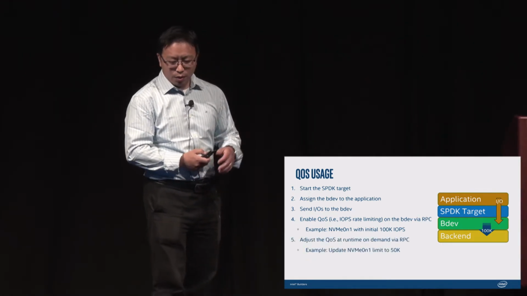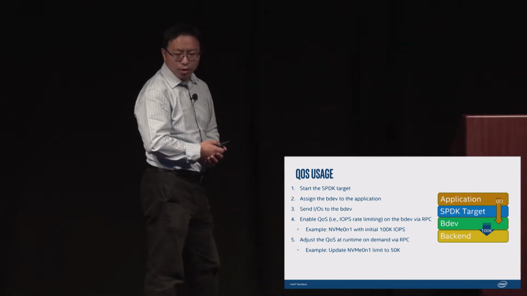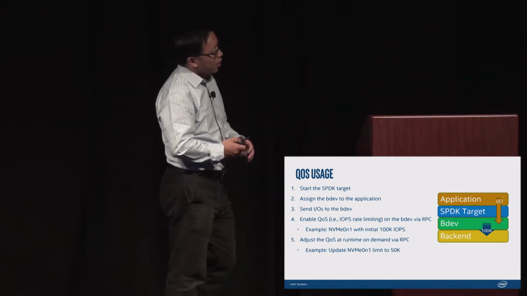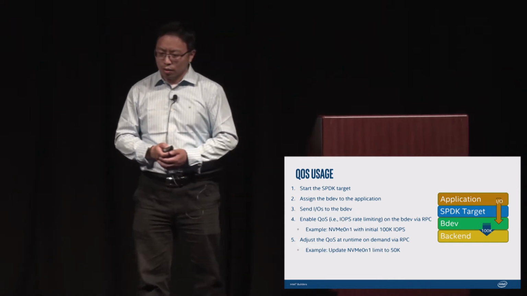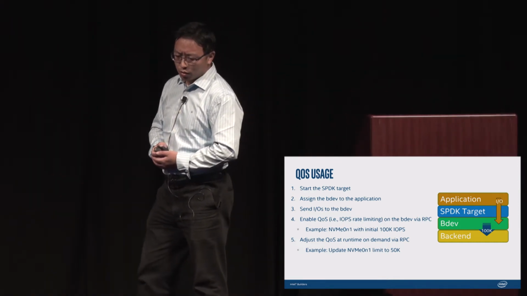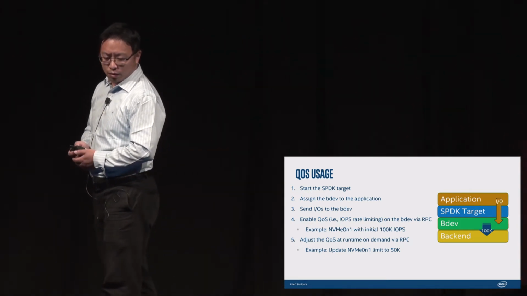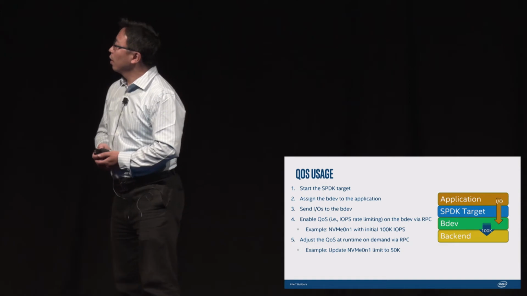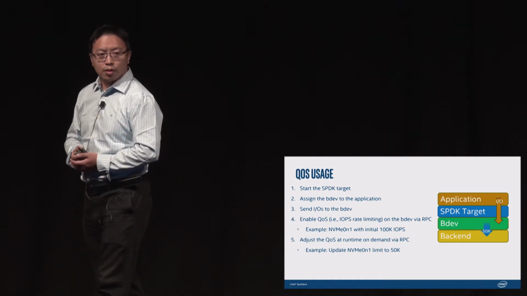And later, if the user wants to change or adjust the QoS, he can also, at any time, change it through the RPC method. For example, here, just decrease it to 50K IOPS.